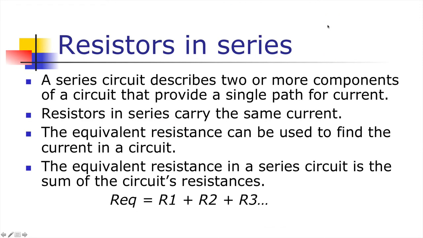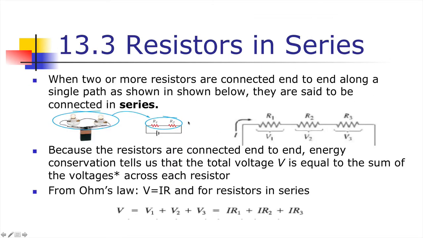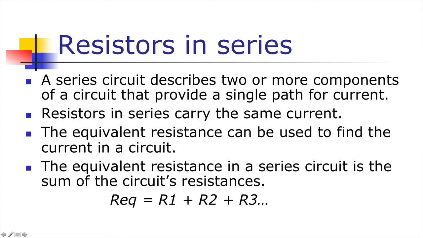Because of that, the current that starts from the battery is the same current that passes through resistor 1, and the same current passes through resistor 2. So current is constant in a series circuit.